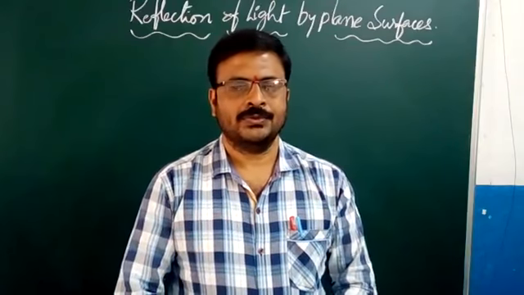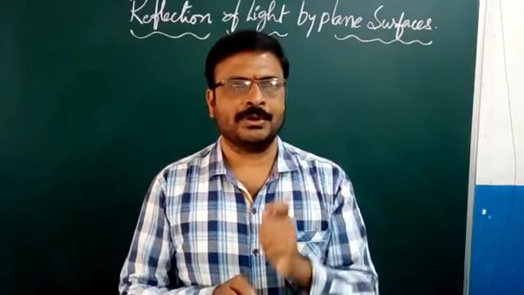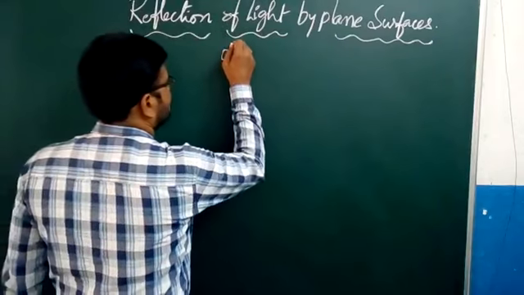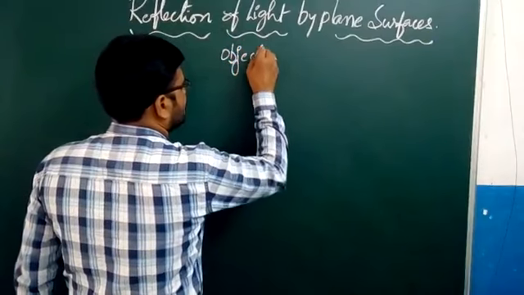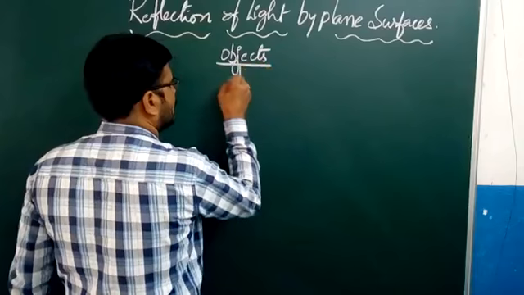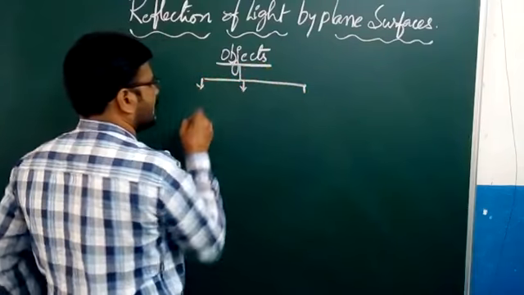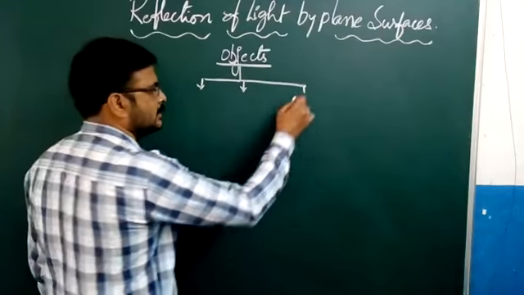Generally, when light falls on an object, depending upon the object, objects are classified into three types, based on the nature of allowing light.